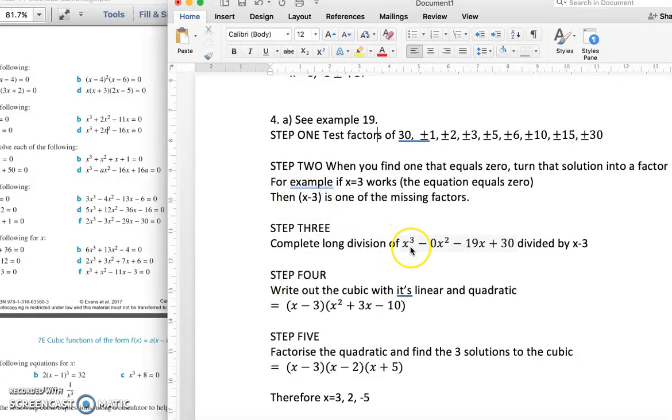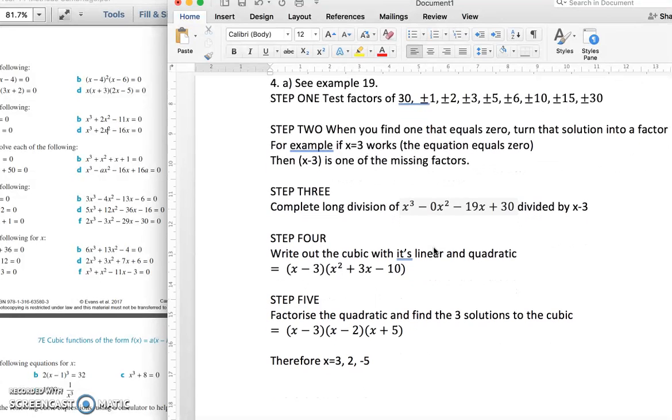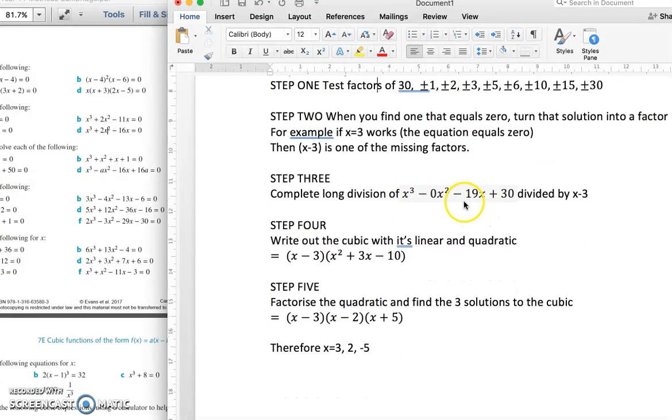A reminder in this one that if you're missing one of the terms, so in this one there was no x squared, just add it in there with a 0, and otherwise your long division won't work out. Again, go back to the previous video of 7C on how to do long division if you need help. The answer up the top of the long division is x squared plus 3x take 10, I hope.